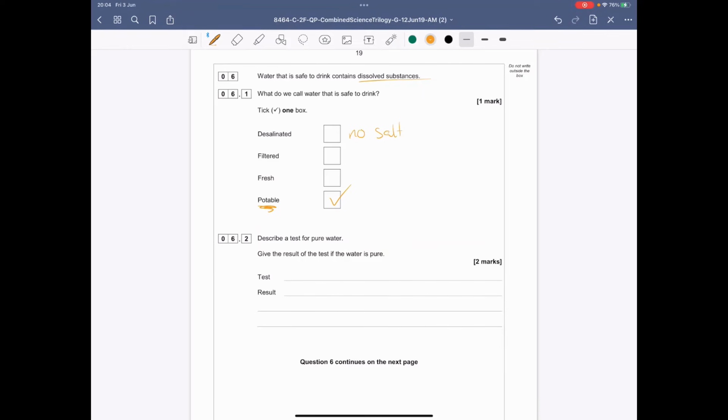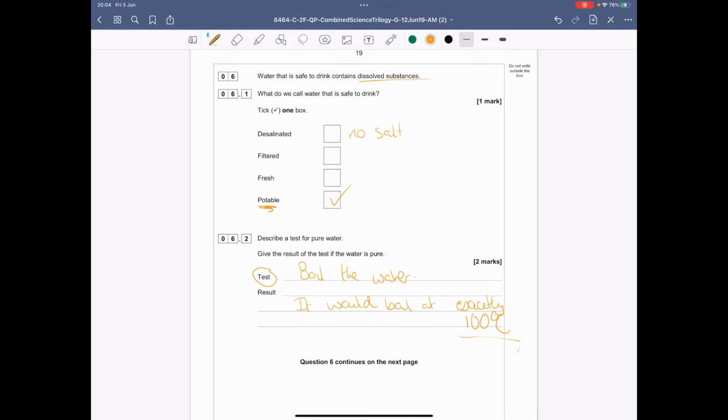Now, question 6.2 is describe a test for pure water. Give the result of the test if the water is pure. Well, to test the purity of something, we normally test their melting and boiling points. So what we could do is boil the water, and the result would be, if it is pure, it would boil at exactly 100 degrees Celsius.